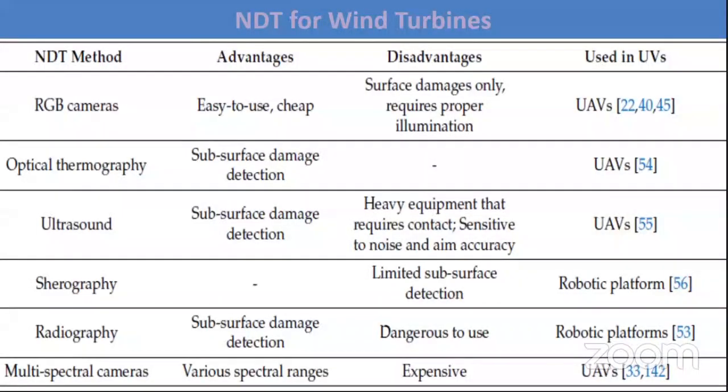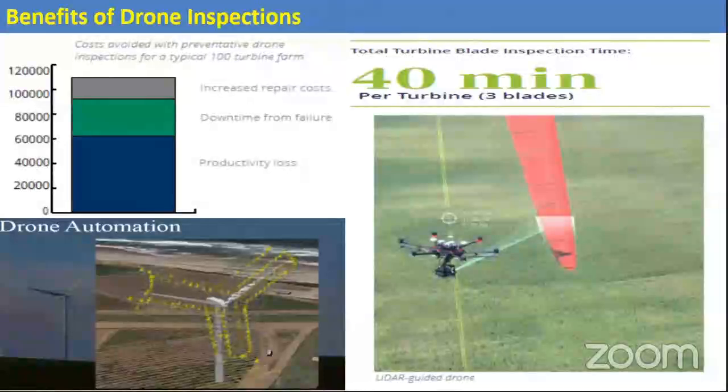So here are a bunch of NDT sensors, starting from a simple RGB camera to thermography to ultrasound and to multispectral cameras. Some, like xerography and radiography, obviously cannot be used because of other challenges, but you can see that some of the very popular techniques can easily be used.